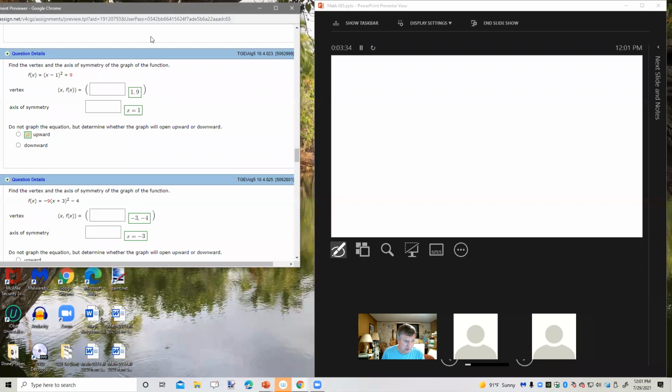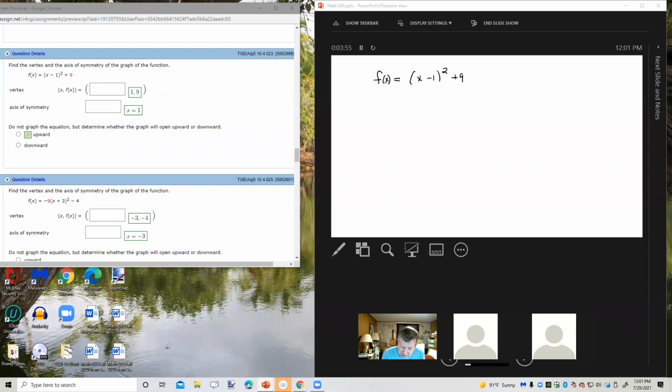It says find the vertex and the axis of symmetry of the graph of the function. And the function is f of x equals the quantity x minus 1 squared plus 9. All right.